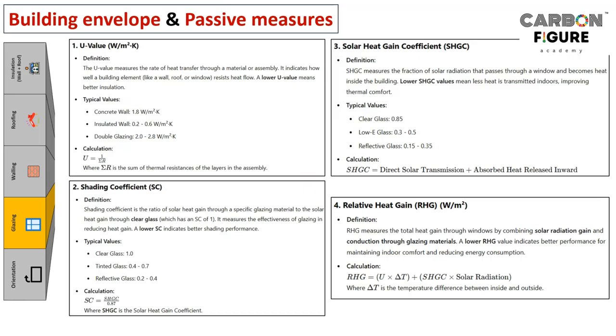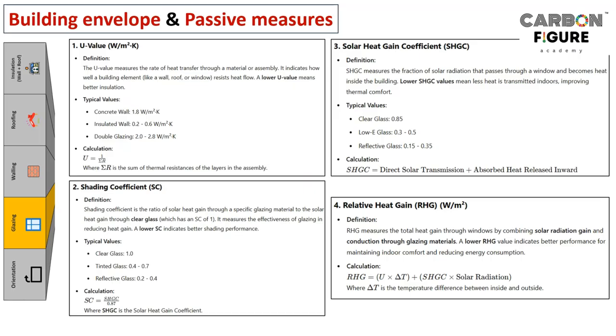Then the shading coefficient. So what's the definition? Shading coefficient is the ratio of solar heat gain through a specific glazing material to the solar heat gain through clear glass, which has the SC of 1. So it measures the effectiveness of glazing in reducing heat gain.